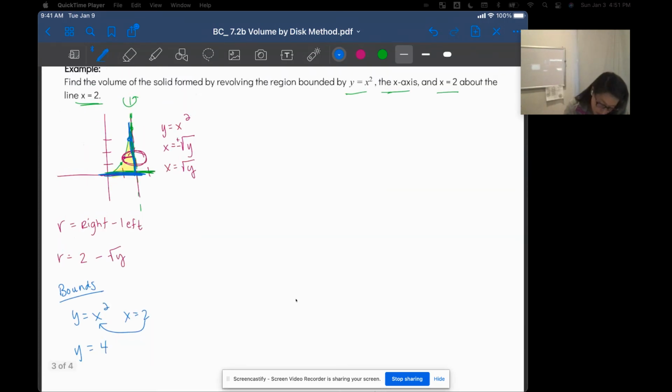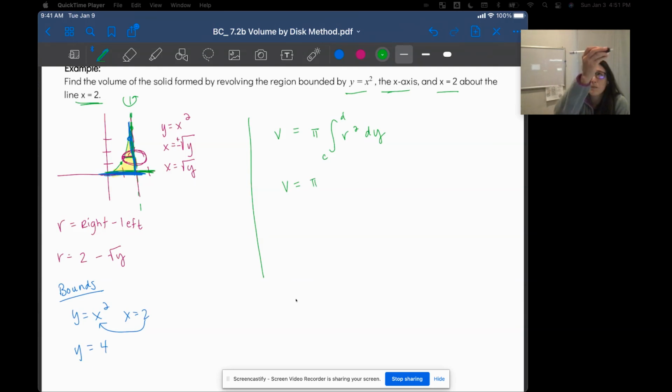Okay, so lastly, let's go ahead and set up our integral. The volume is going to equal the integral from c to d of pi r squared dy, because we cut the curve up vertically, so we're stacking circles up vertically.